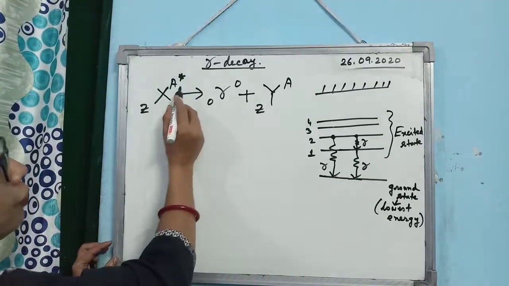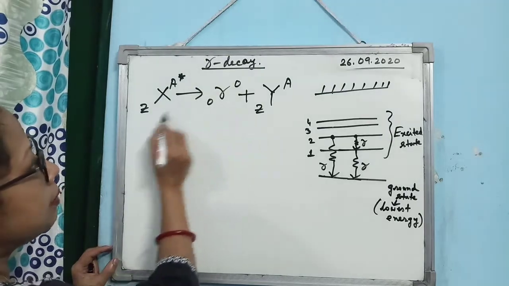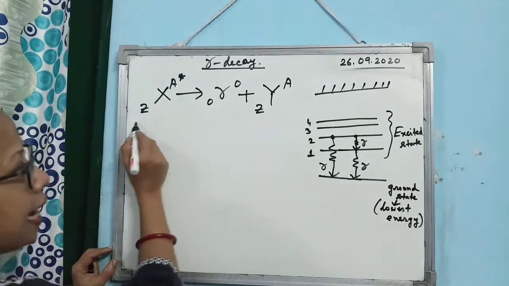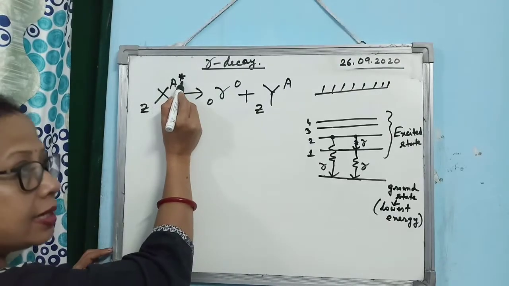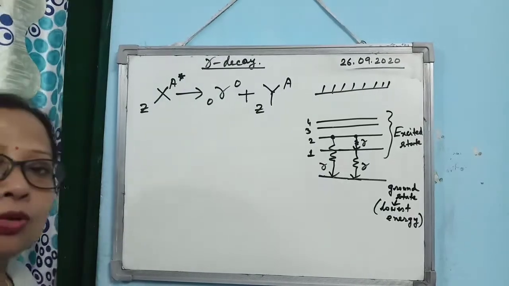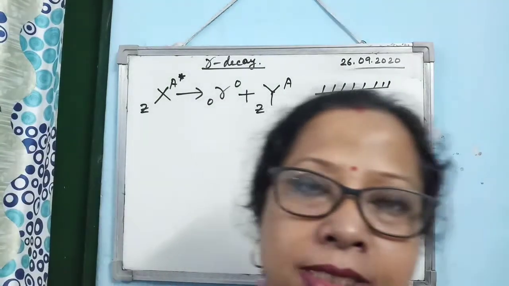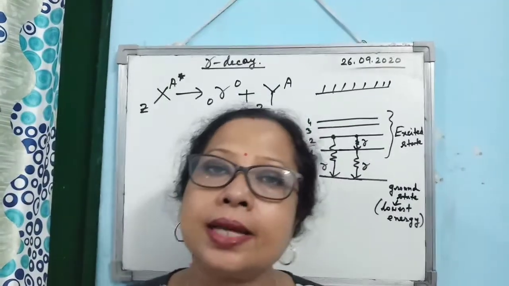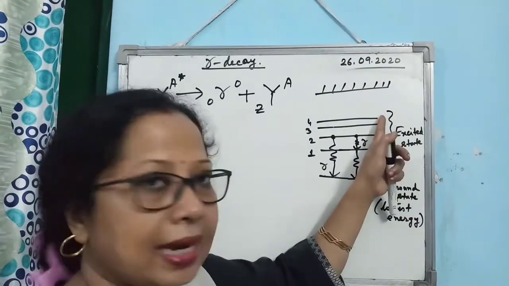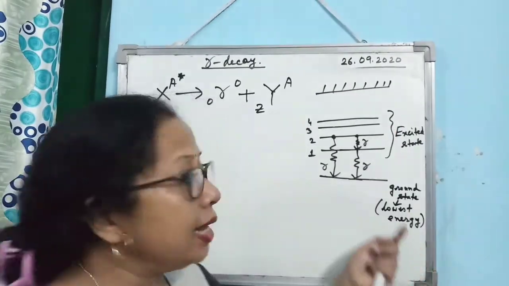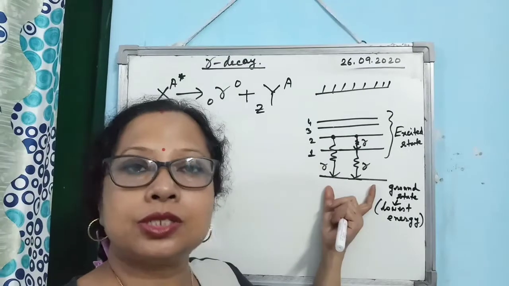So very carefully observe that whenever a gamma decay reaction is represented, don't forget to put an asterisk above the parent nucleus. What does that asterisk represent? It represents that the parent nucleus is in the excited state, meaning it has extra energy. It is not in the ground state.